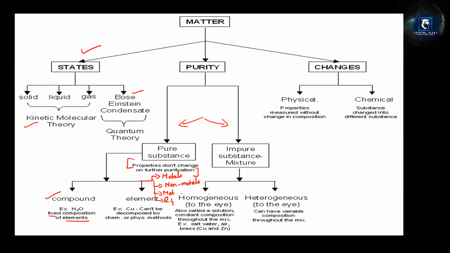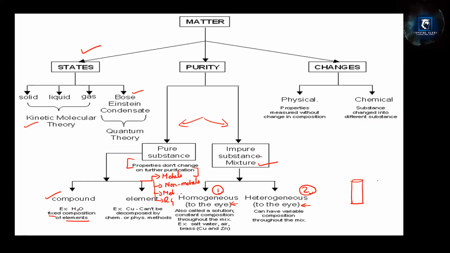Impure substance, if you take, depending upon the mixture, it is nothing but a combination of two or many substances, right? So we call it a mixture, which is nothing but impure substance. Number one, we call it a homogeneous mixture. Number two, heterogeneous mixture. Observe this word: to our eye, it looks like one single solution.